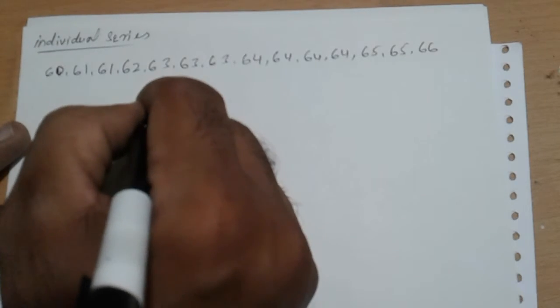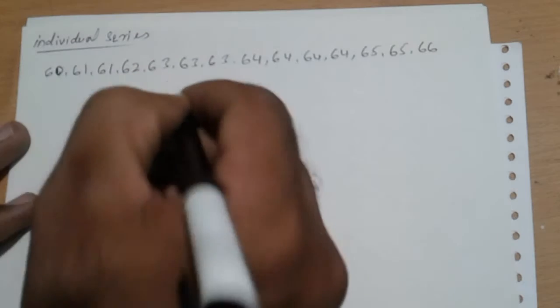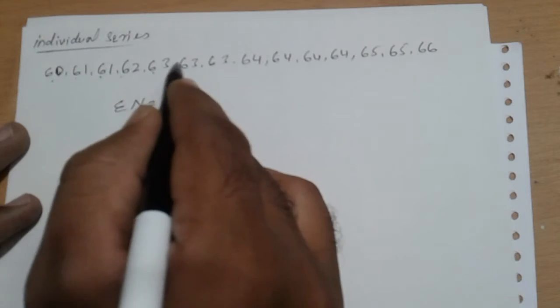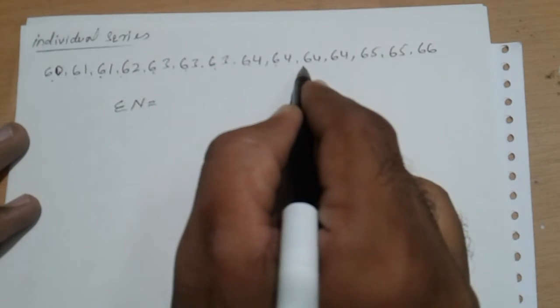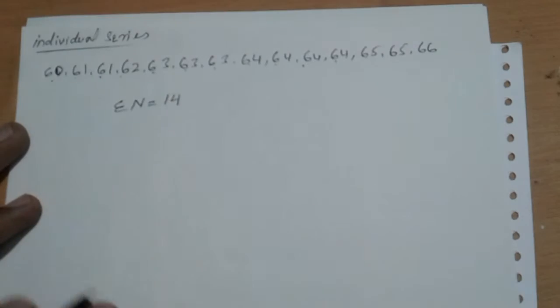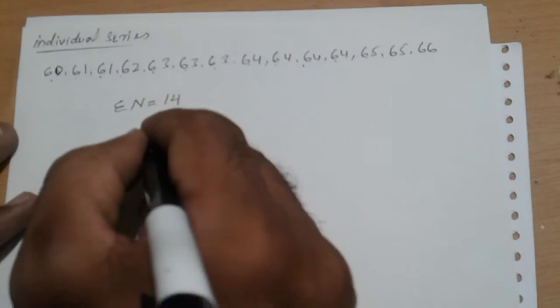N means number of items, sigma means total. Counting 1, 2, 3, 4, 5, 6, 7, 8, 9, 10, 11, 12, 13, 14, overall N is 14.